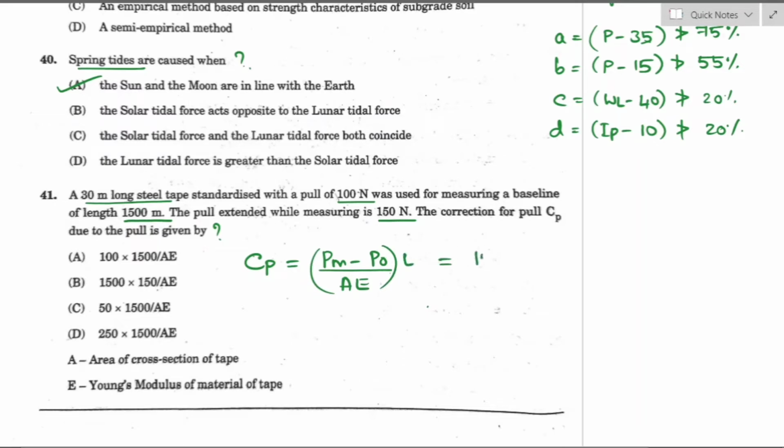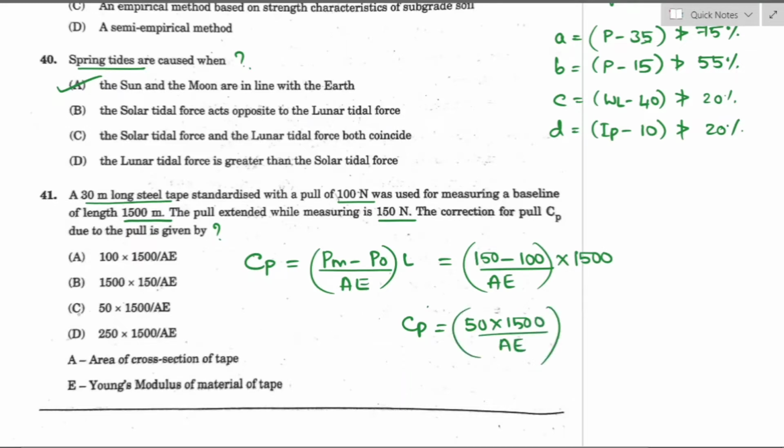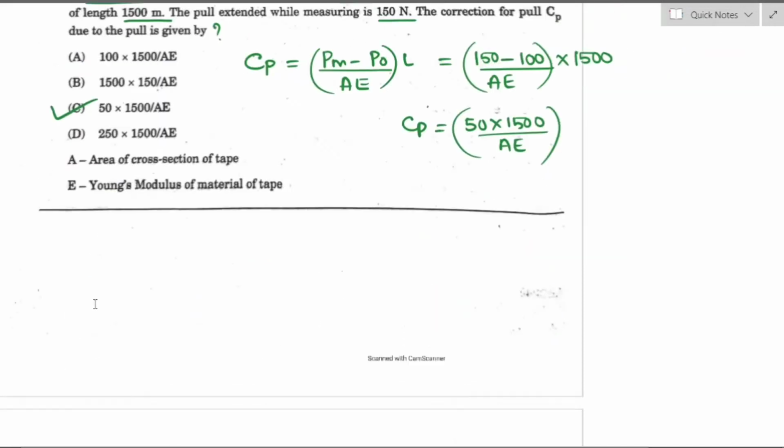Substituting the value of measured pull is 150 Newton, standardized pull is 100 Newton, A and E is not given. Let us substitute like that only. Length of the baseline is 1500 meter. On solving this, the correction due to pull will be 50 into 1500 divided by AE. So the right answer is option C.